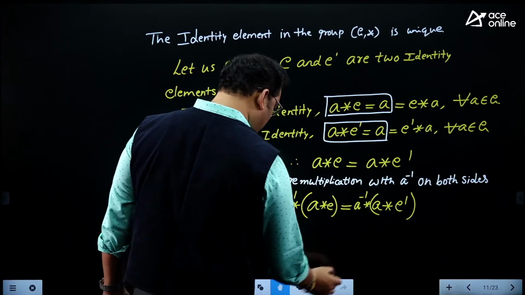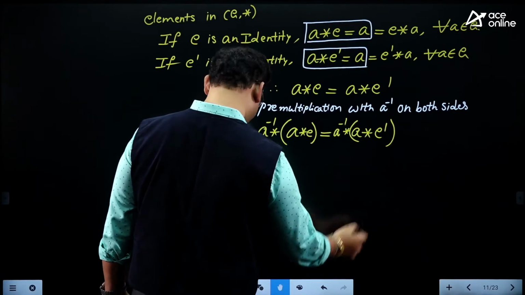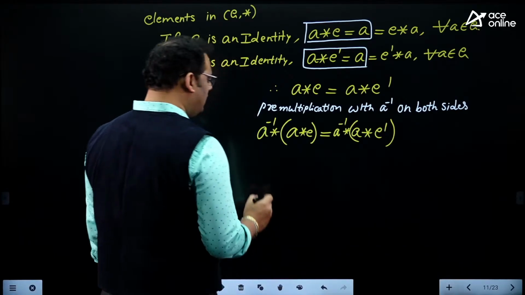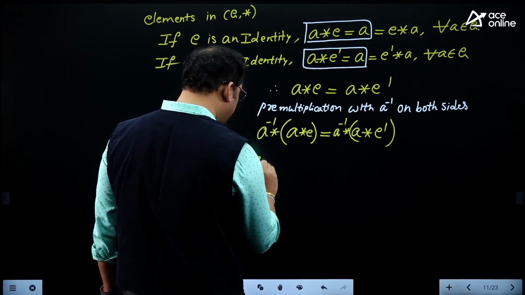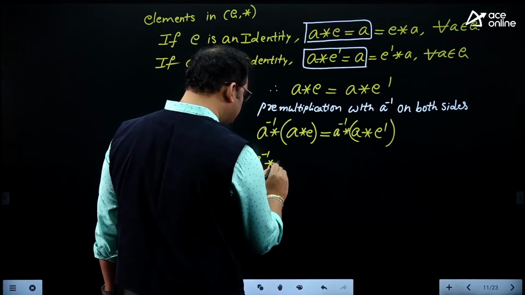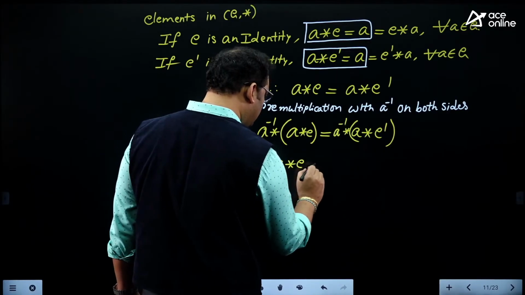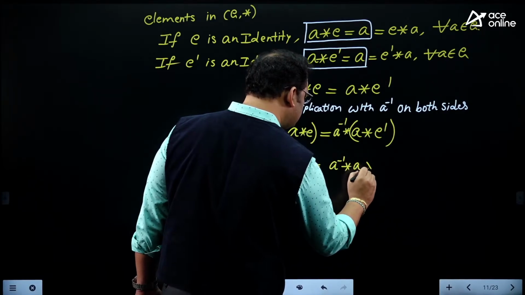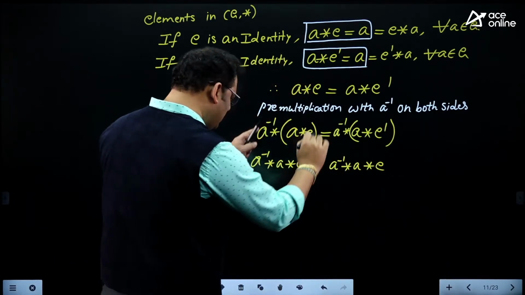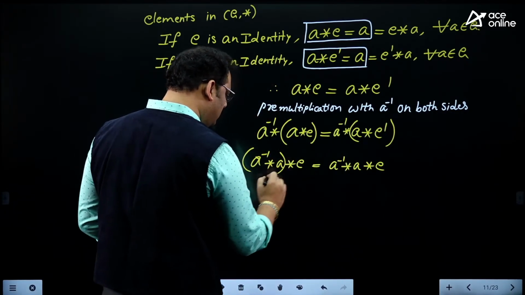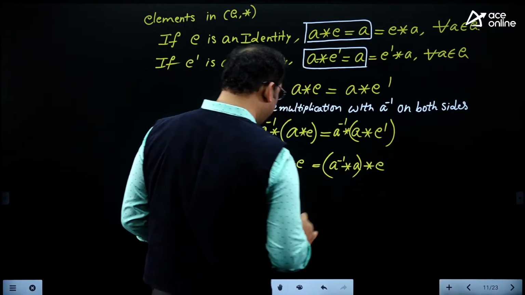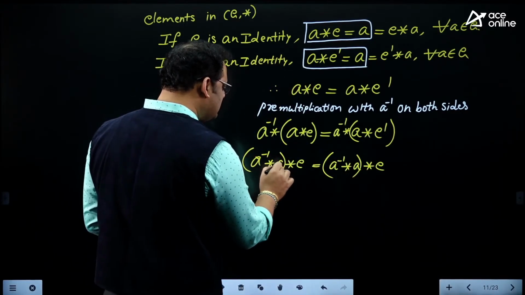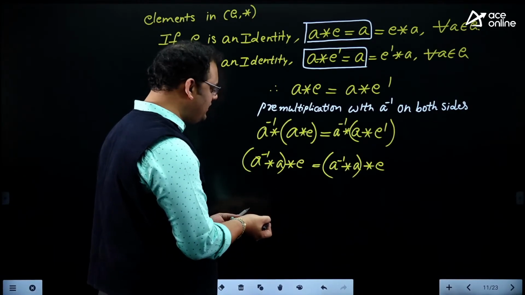Now let us operate, my dear. Let us apply associativity. A inverse star A star E is equal to A inverse star A star E dash. I am just opening the parentheses here and here also in the same fashion. And A inverse star A is nothing but the identity.